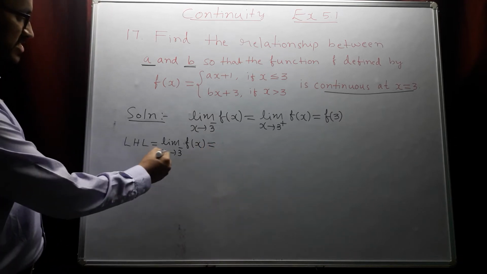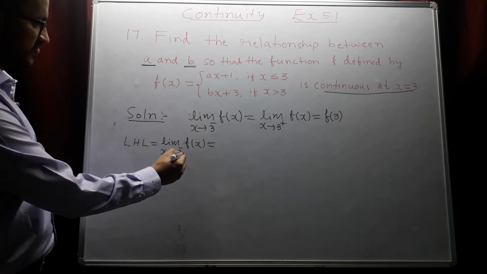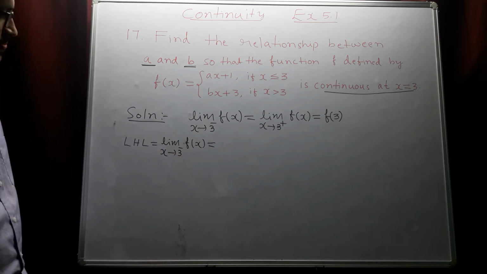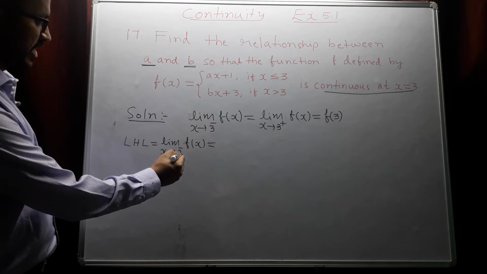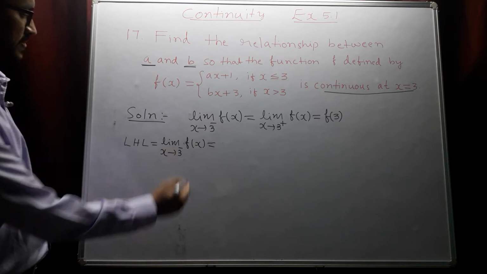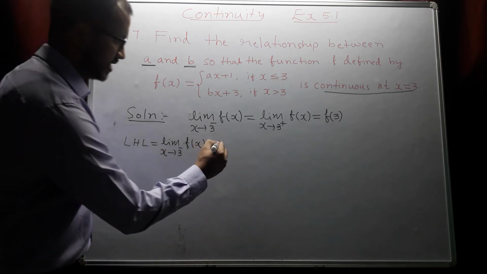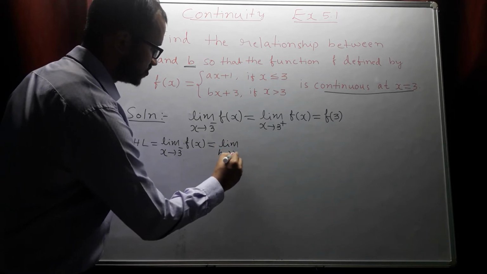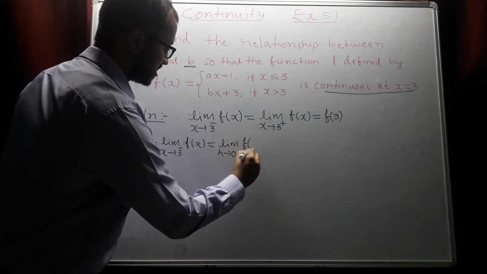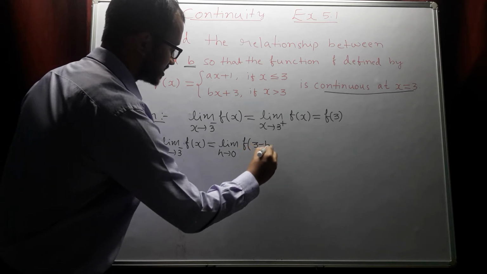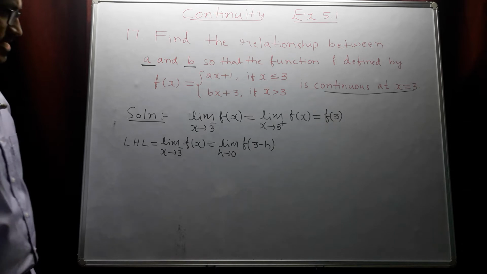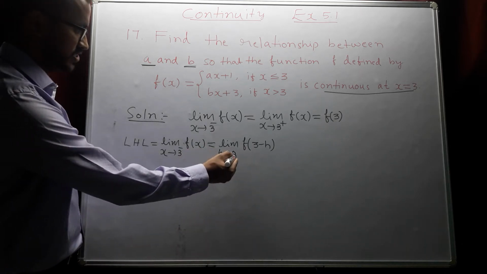Here x is approaching 3 from the left hand side, meaning x is taking values nearer to 3 but less than 3. So that is the same as limit h tends to 0 of f of 3 minus h, where h is a very small quantity which is nearer to 0.